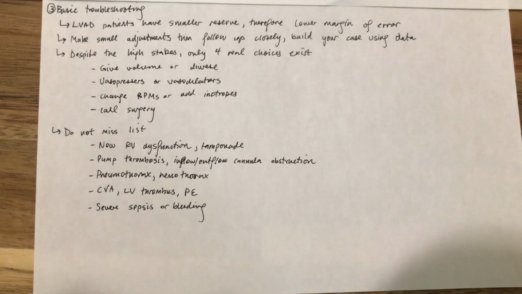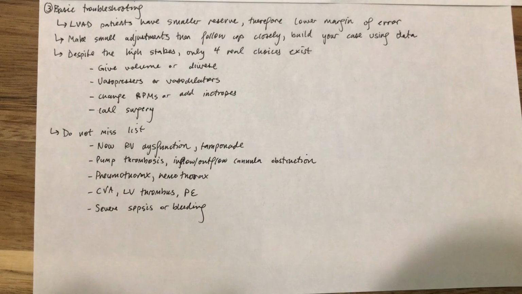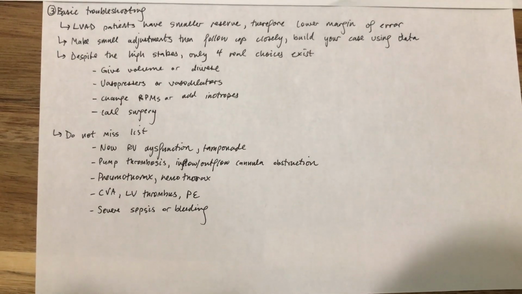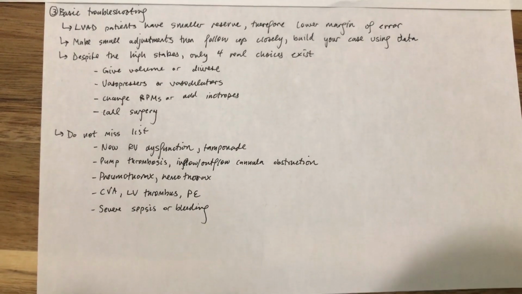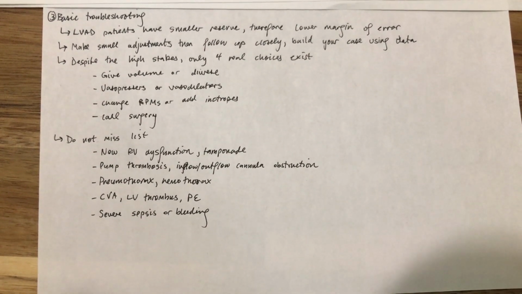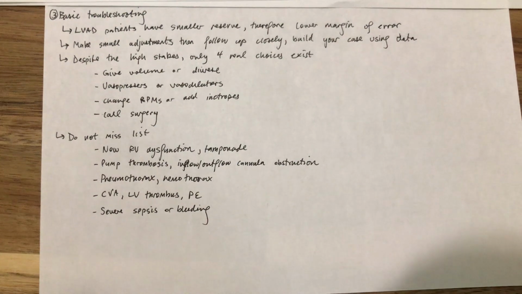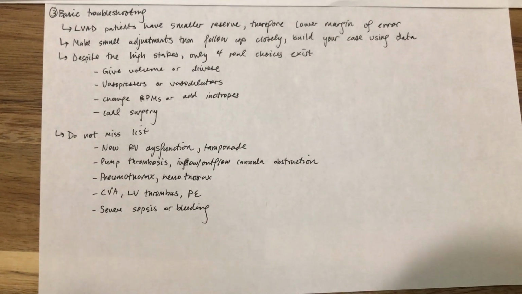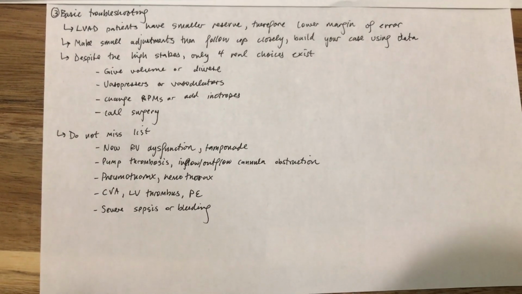Despite the high stakes and the small reserve of these patients, there are really only 4 things that you can do. You can change your volume status with IV fluids or diuretics. You can change their afterload with pressors or vasodilators.